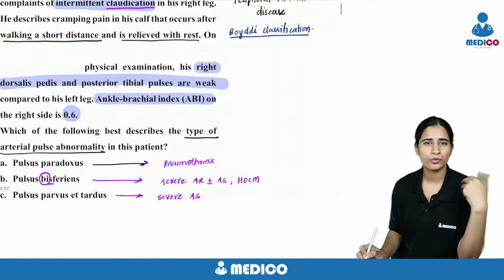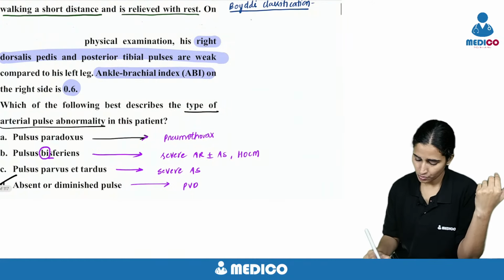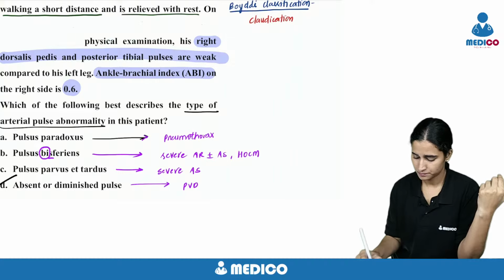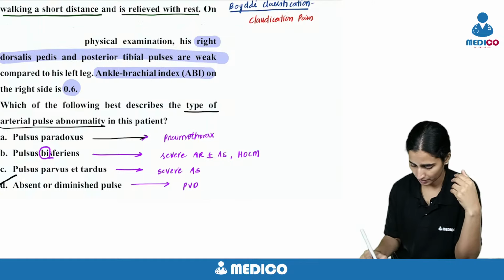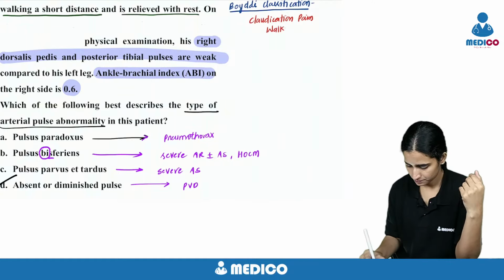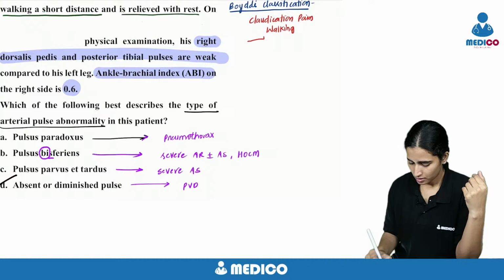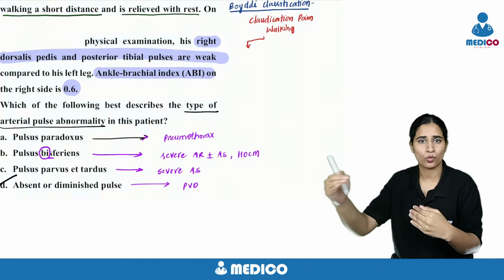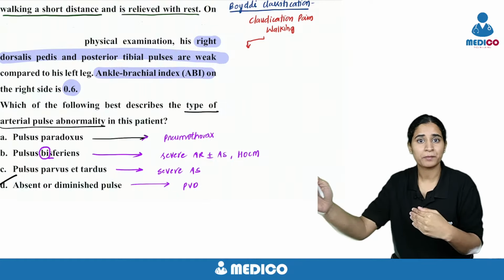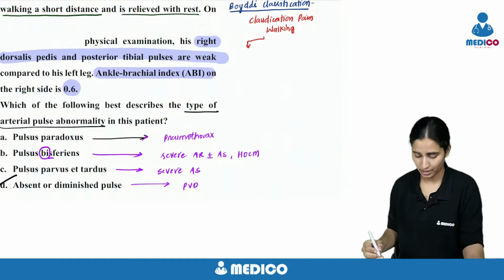So how do you grade it? A person is having claudication pain. When does this claudication pain come? When he is walking. So he's walking, he's having claudication pain, but still he chooses to walk. After walking some time, the pain disappears. That is grade 1.